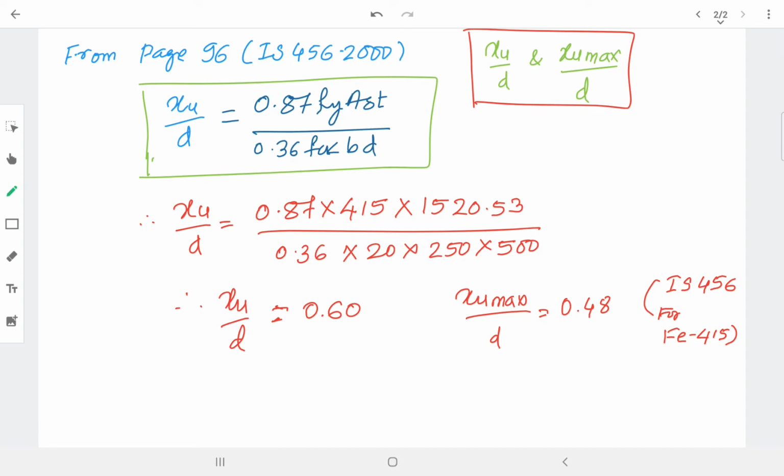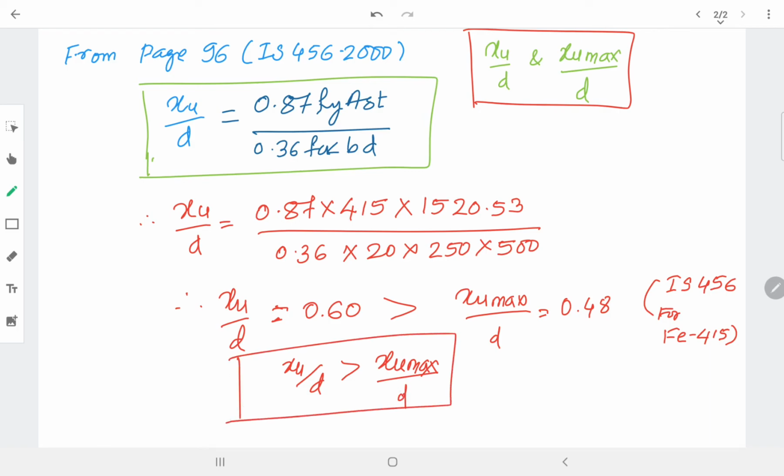Here I must check whether it is under-reinforced or over-reinforced, singly or doubly. So here Xu by d is greater than Xu max by d.